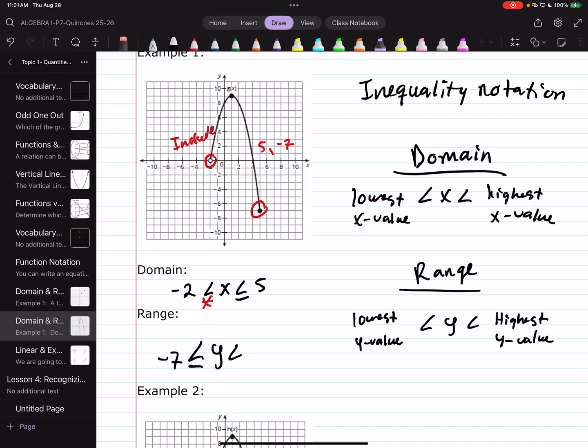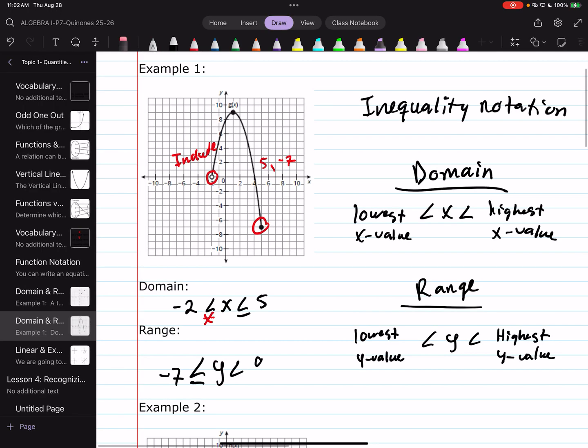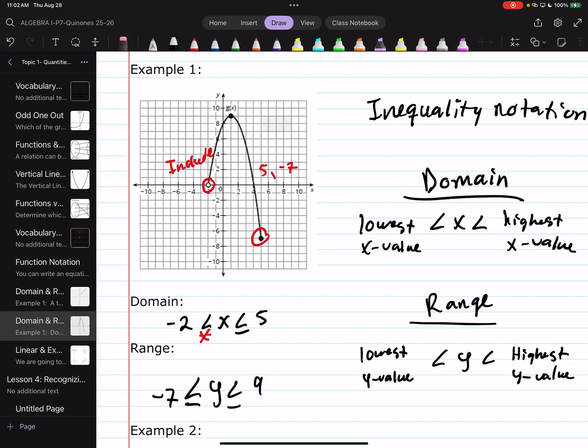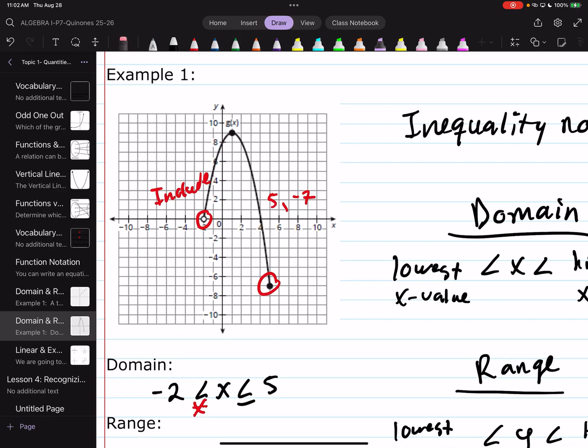Now, someone else, how high up does that graph go that hasn't interacted with me today? Be bold. Be confident. Yes, ma'am. What do you got? 9? Do we include that as part of our solution? Yes, we do. Now, for those of you questioning where we got those numbers, we got the first number from this coordinate point here.